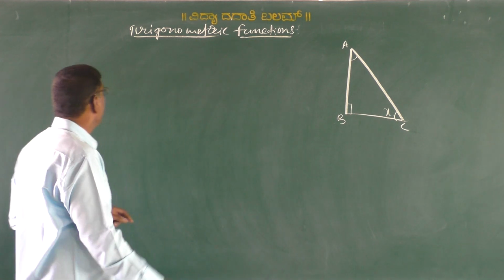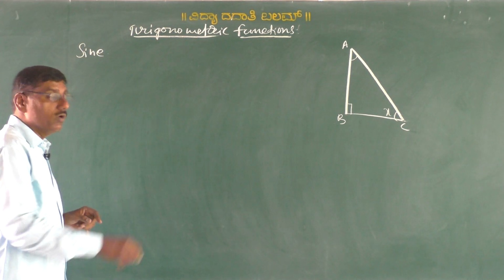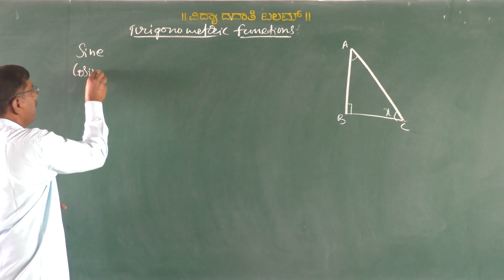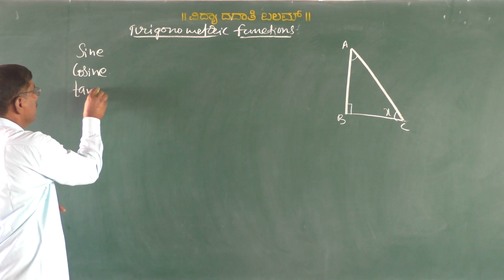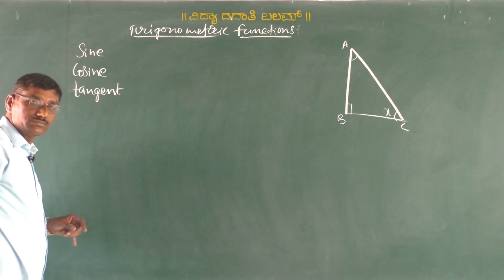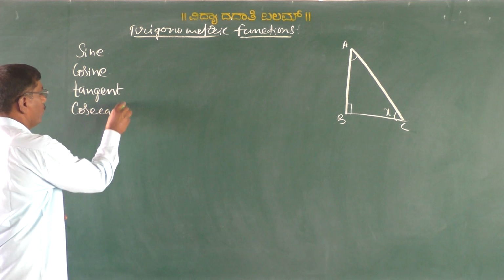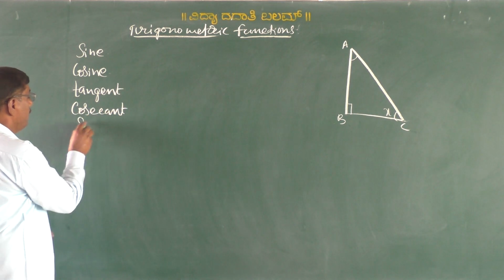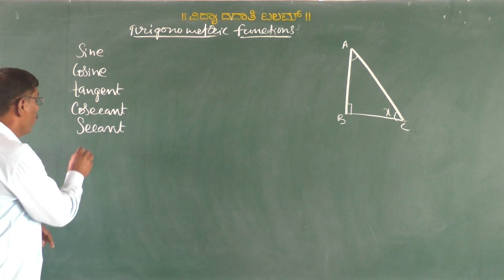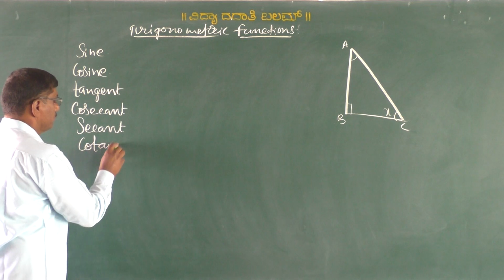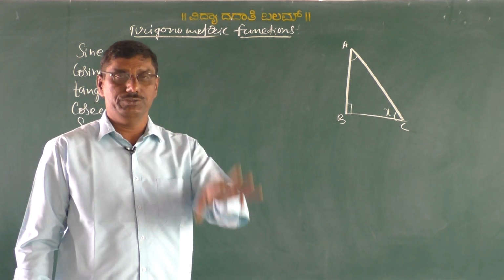That means sine, S-I-N-E, sine; cosine, C-O-S-I-N-E, cosine; tangent, T-A-N-G-E-N-T, tangent; cosecant, C-O-S-E-C-A-N-T, cosecant; secant, S-E-C-A-N-T, secant; and the last one is cotangent. These are the six trigonometric functions.